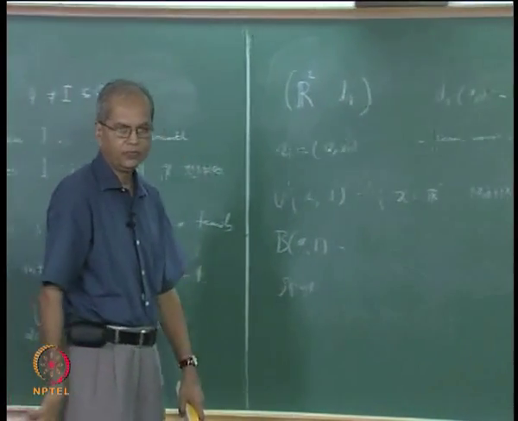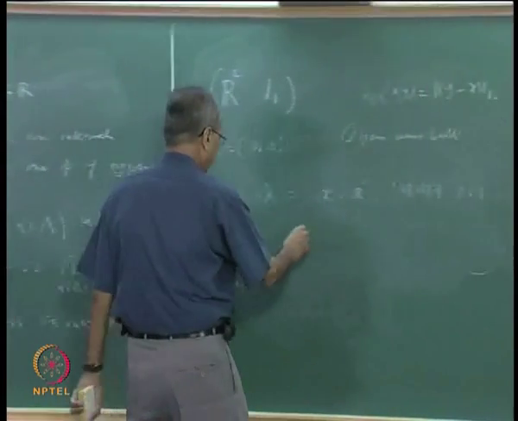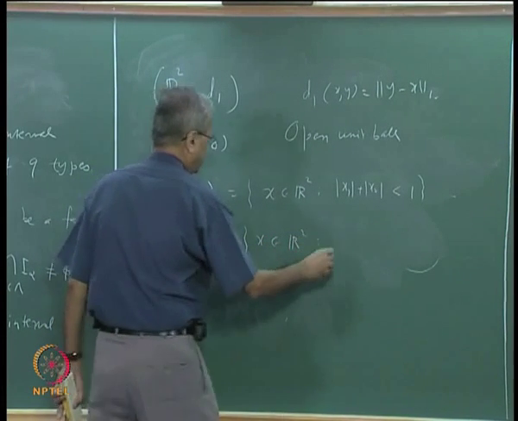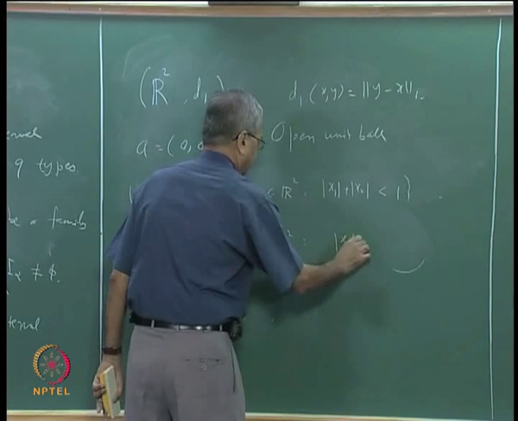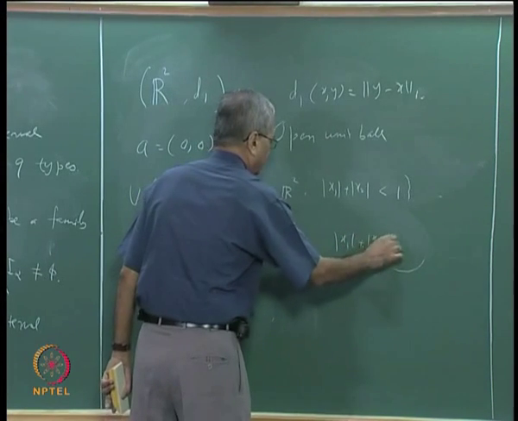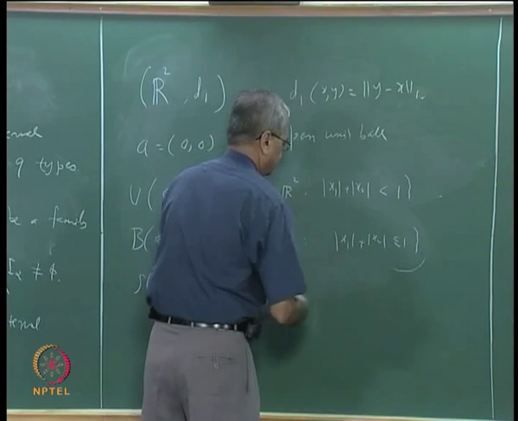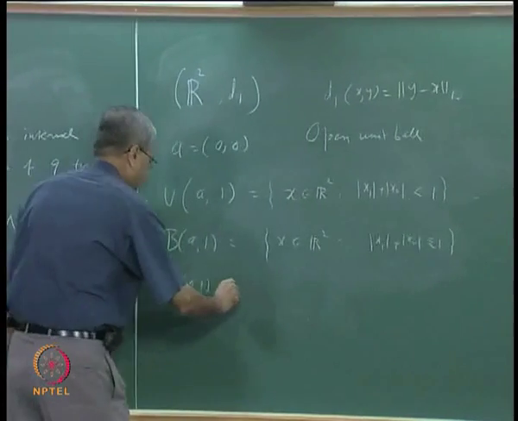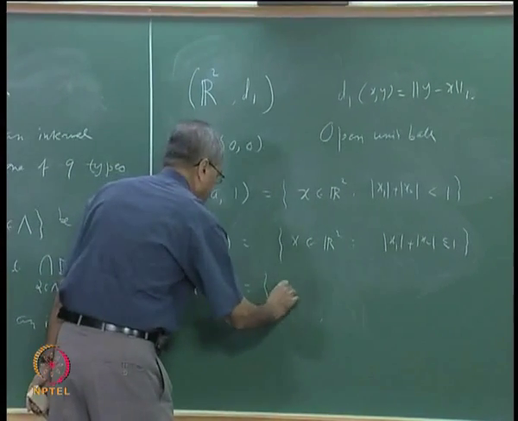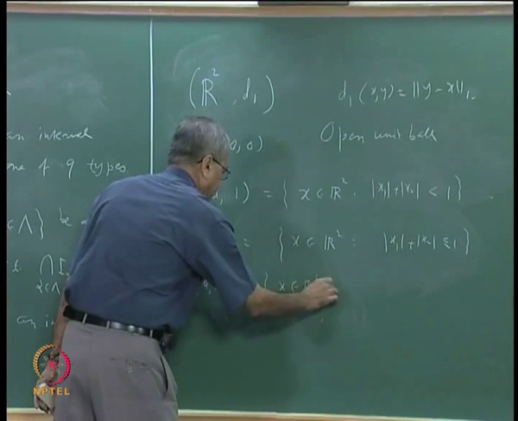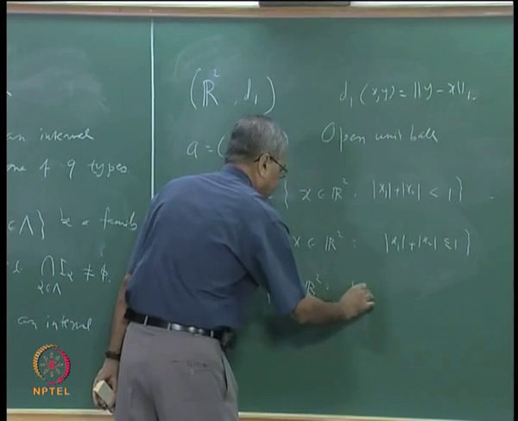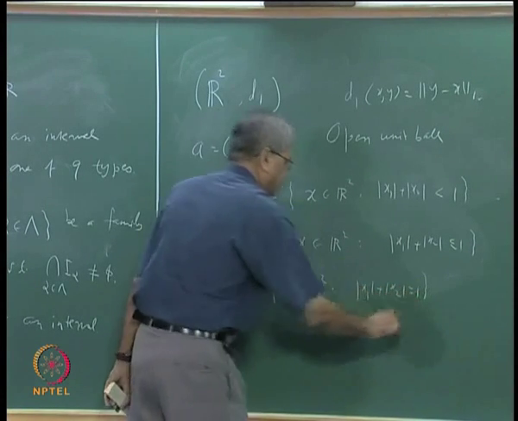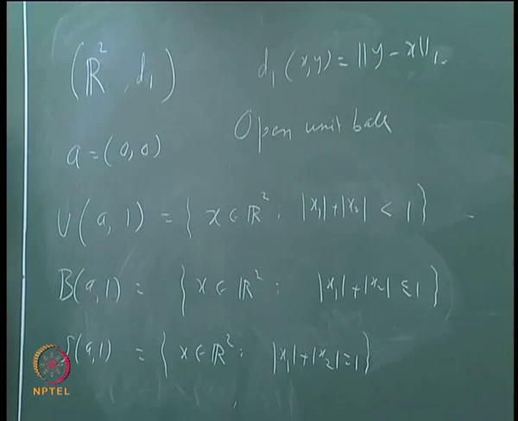Similarly, B(A,1) will be the set of all x in R2 with the property that mod x1 plus mod x2 is less than or equal to 1, and this last one, S(A,1), will be the set of all x in R2 with mod x1 plus mod x2 equal to 1.